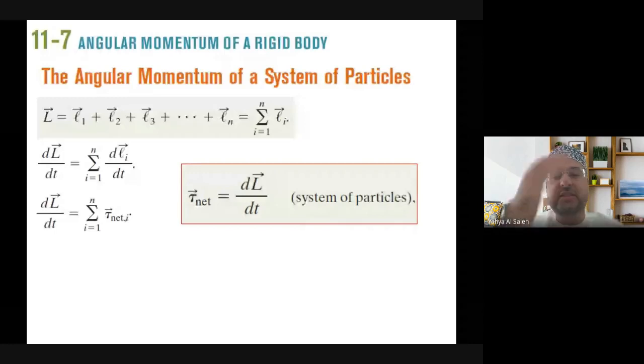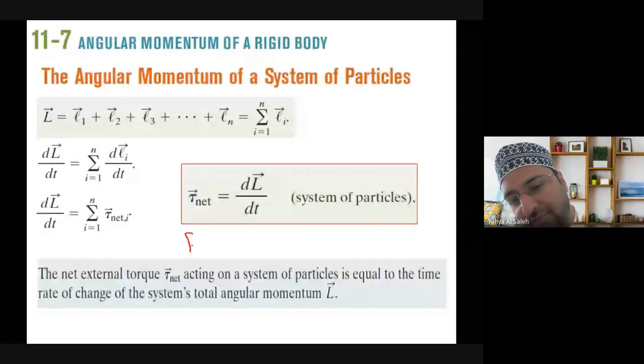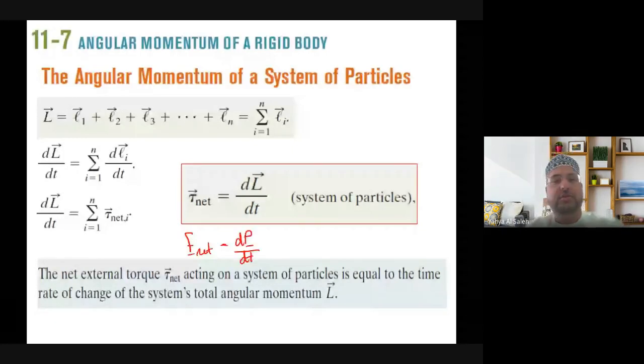For a system of particles, we take the sum of all angular momenta, take the time derivative, and we get the net torque. This is very similar to F net equals dp over dt. There we did everything in terms of linear momentum. Here it's in terms of angular momentum, but the idea is exactly the same.